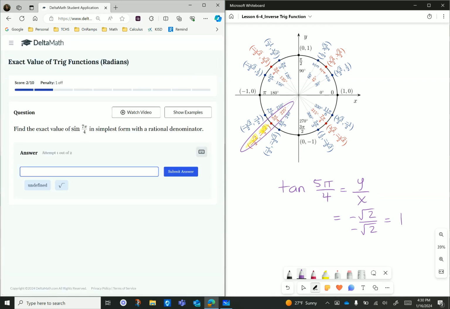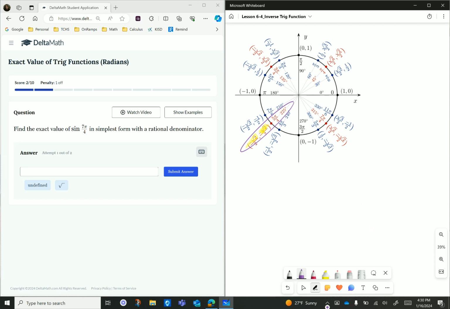Let's go again. Sine of 7 pi over 4. We'll find that, since we're at 5, 6, 7 pi over 4, it should be right over here in the fourth quadrant. And sine just means to find the y value at the 7 pi over 4 angle.